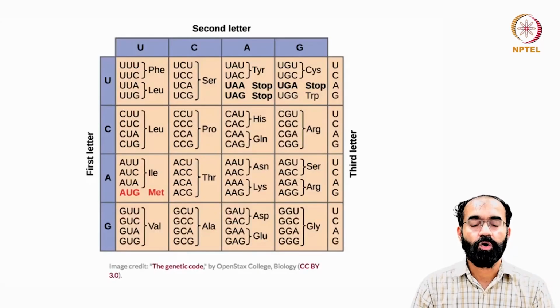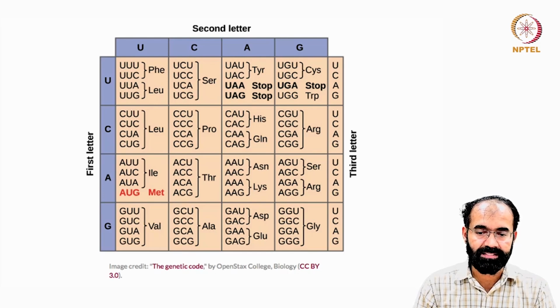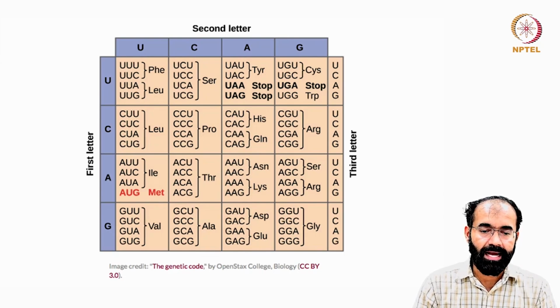So you can see the codon preference table. This is the first base of the codons, like U, and this is the second letter U, and this is the third letter. So UUU, and then comes UUC, first letter U, second letter U, and this is C, and then A, UUA and UUG.